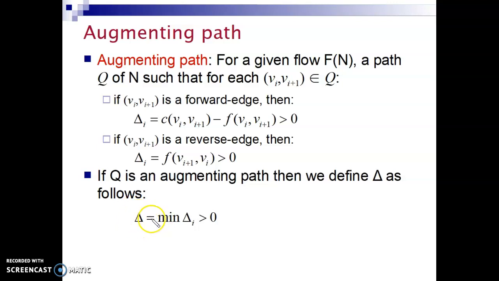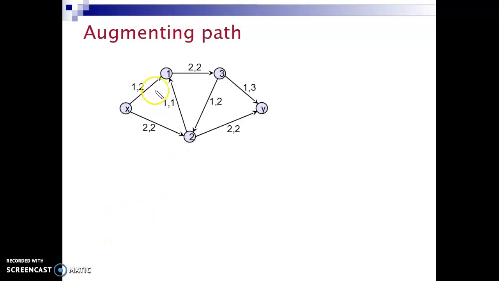Delta will be chosen as the minimum value of all these delta i values over all edges along the path Q. Delta is the minimum value of all delta i values. Now this might seem a bit complicated, but it will be much more clear if we examine this example.